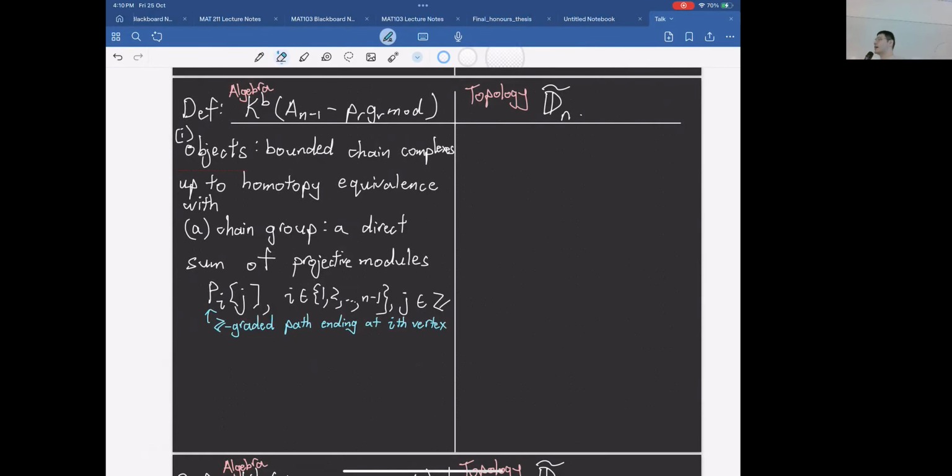We call it P_i, and there's a grading on it. We can grade it for the purpose of morphisms, but that's not important now. So what is this P_i here? Basically, P_i is the Z-graded span of paths ending at the i-th vertex. For example, what can exist inside this module?